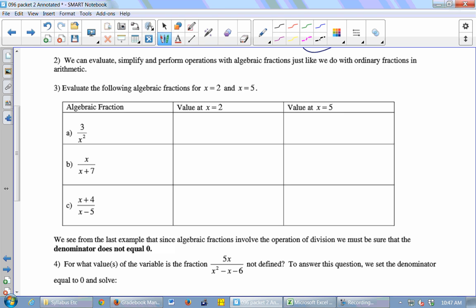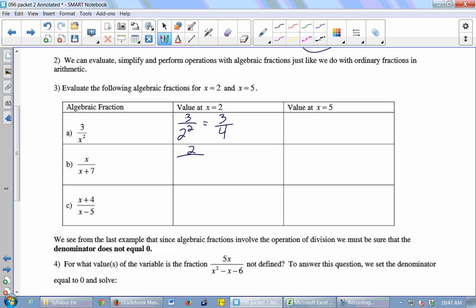For each of these algebraic fractions, I'm going to find the value when x equals 2 and when x equals 5. So I'm just plugging in a 2 into each of these fractions. So I have 3 over 2 squared. How does that simplify? 3/4. Yep. And now I'm going to put a 2 into the next fraction, x over x plus 7.